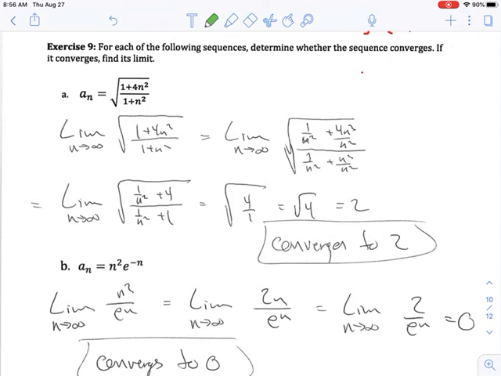So the limit of this particular sequence, first of all, I divided everything through by n squared to get this, right? And so that gives me this. And so now this goes to 0, this goes to 0. So we end up with the square root of 4, which is 2. And so the limit of 2 is 2. And so it converges to 2. Remember, if the limit is some value L, then it converges to that limit.